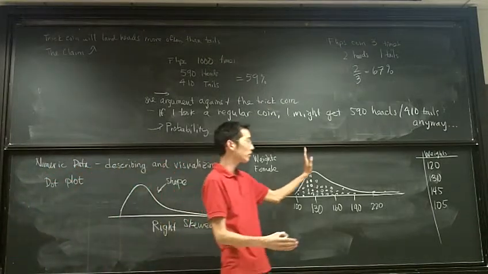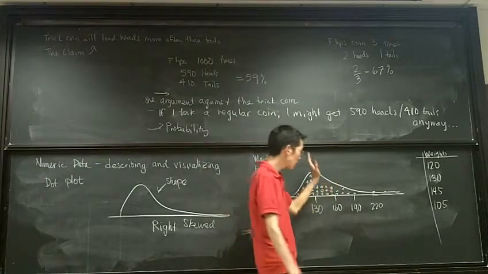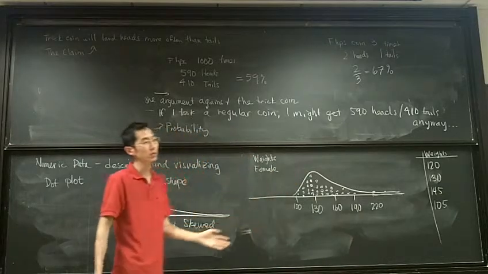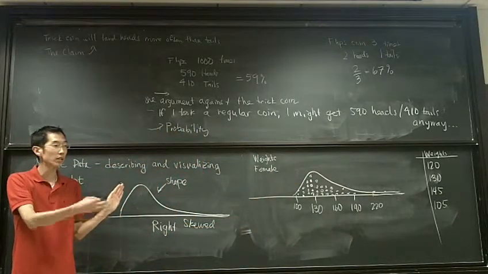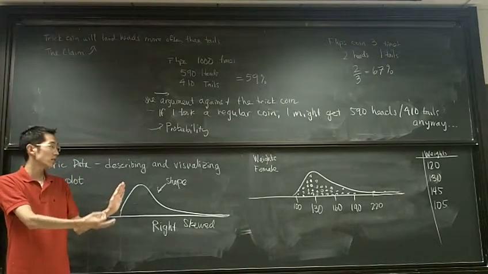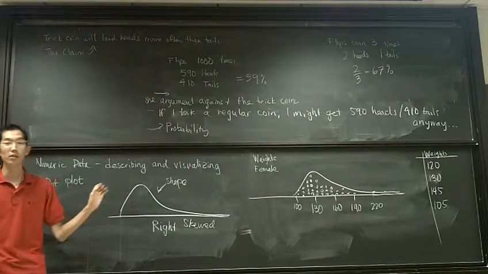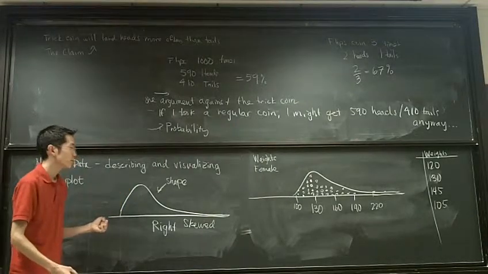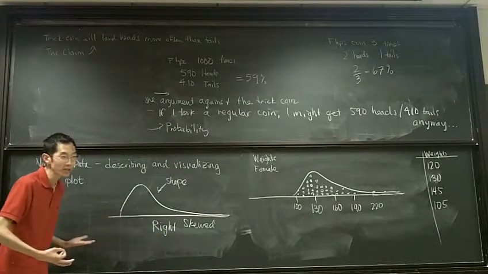Because if the average, let's say, just for argument's sake, is 140, there are people who weigh maybe 220 pounds, which is 80 pounds above average. On the other hand, to go 80 pounds below average, 140 minus 80, would take us down to 60, and there shouldn't be anyone at 60 pounds or something like that.